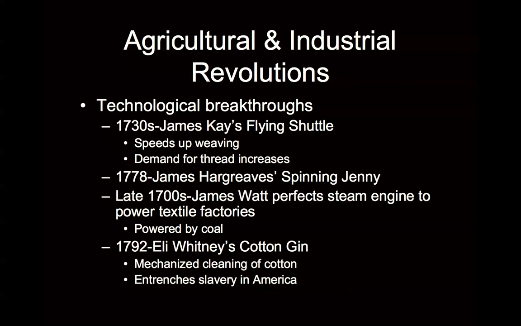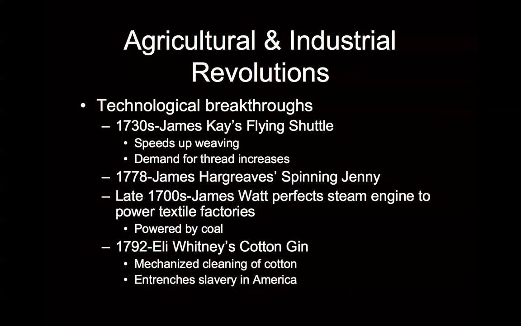And then in the 1700s, there was a series of technological breakthroughs which sped up the development of cotton. It began in the 1730s with James Kay, who invented the flying shuttle. This sped up the weaving part of the cotton production process, the weaving of thread into a fabric.